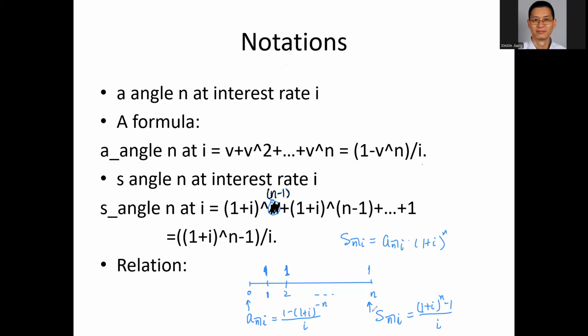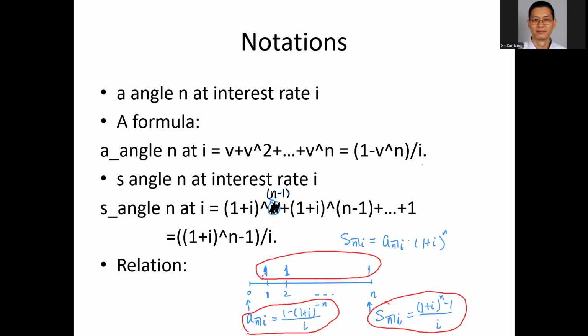It's very easy to show by algebra, but I wanted to emphasize that these three things, when i is fixed, we would consider to be equivalent. This is a present value, this is a future value, and then you have the whole annuity. So these three things are financially equivalent.